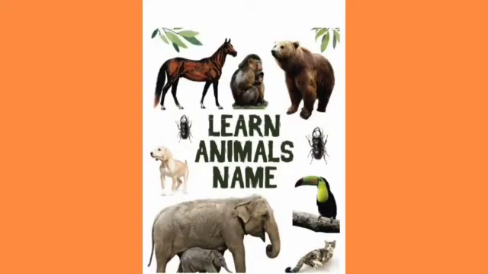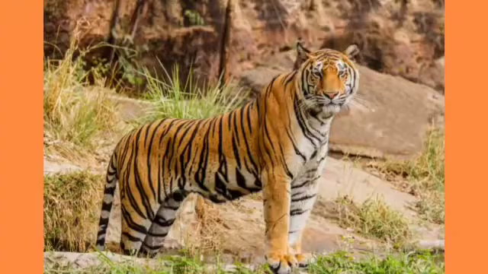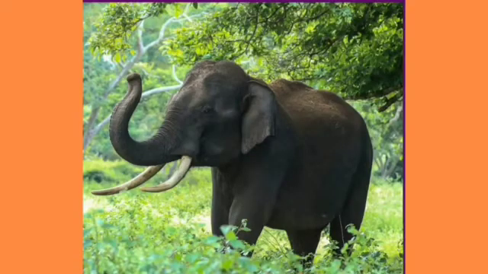Let's revise spellings of few animals which we have already learned in the previous sessions. Lion. L-I-O-N. Lion. Next. Tiger. T-I-G-E-R. Tiger. Next.